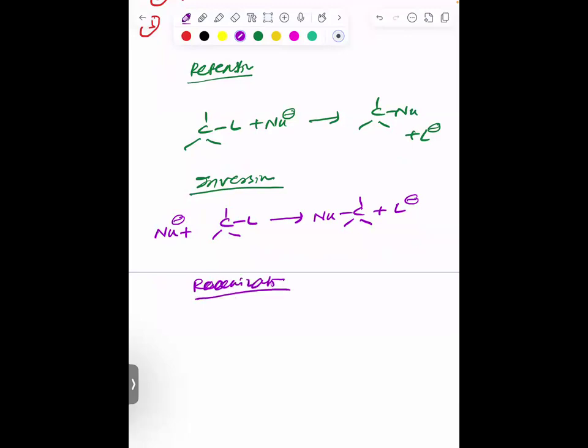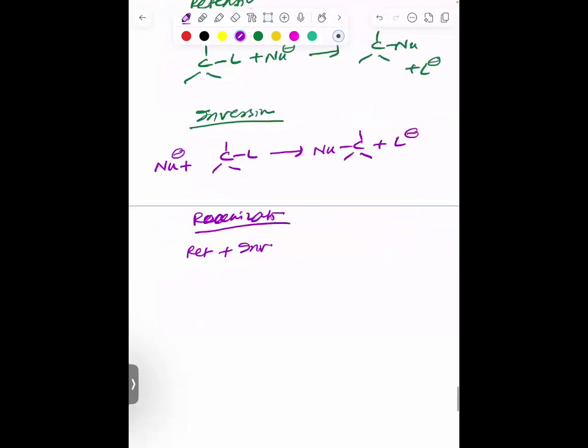Racemization is a combination of retention plus inversion. Racemization means it is both retention and inversion. Leaving group plus nucleophile.